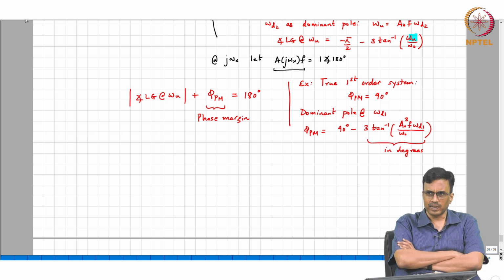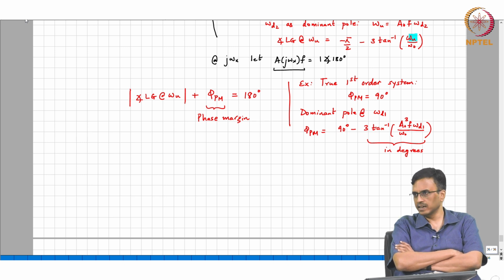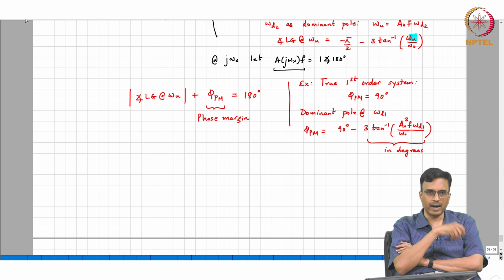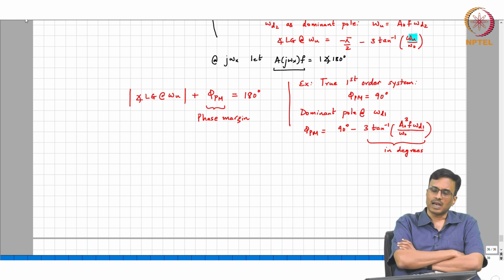And the phase margin is basically the extra phase you need to add to make the system unstable. You find the magnitude of the phase lag at the unity gain frequency, and you look at the difference between that and 180 degrees, right? And by adding that extra phase, you make the system unstable. So, that extra phase that you need to add is the phase margin. As the phase margin reduces, the system is closer to being unstable, right?